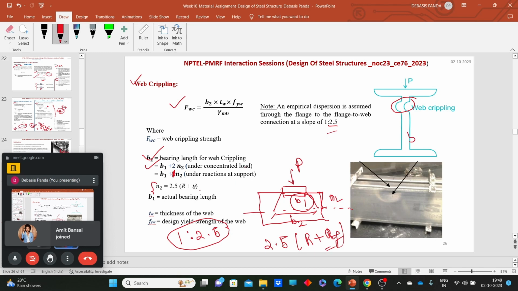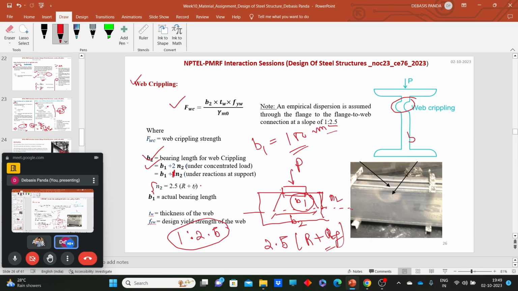We can easily calculate the two values using these formulas. Say the bearing length b1 is given as 100 mm. Then we can calculate the n2 value.